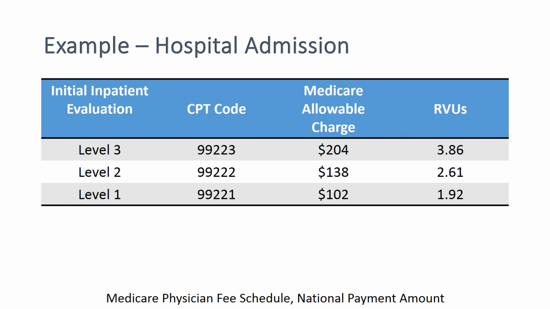In contrast, a level 1 E&M encounter for a hospital admission has a Medicare allowable charge of $102 and is only worth 1.92 RVUs. So if you're providing a level 3 service, you should be billing for that service so you can be paid for the work you're actually doing.